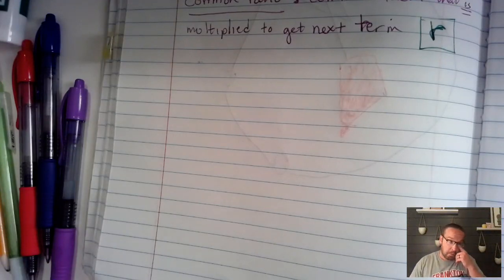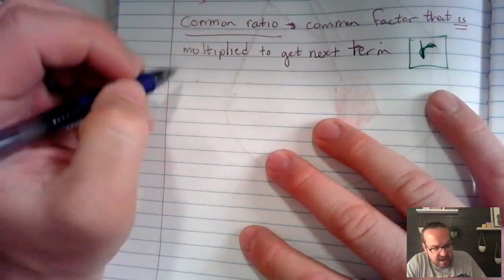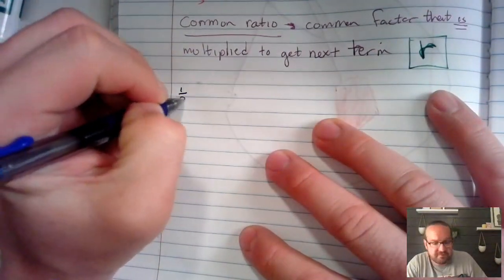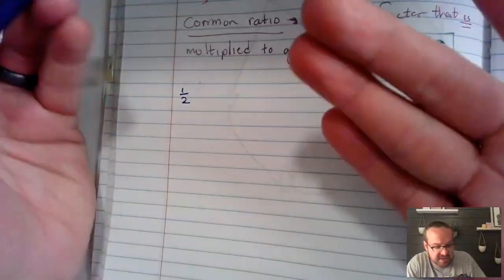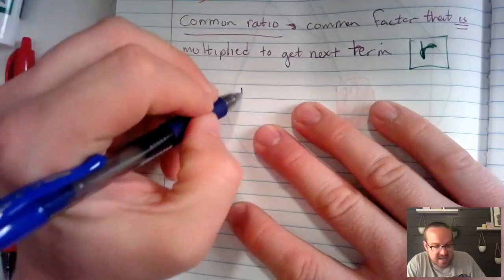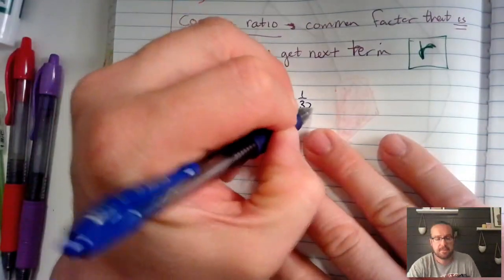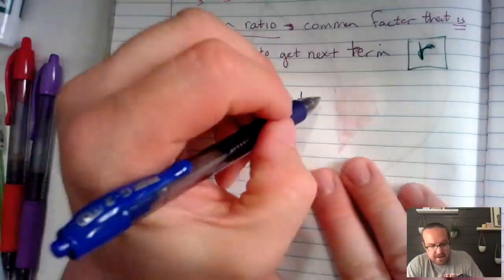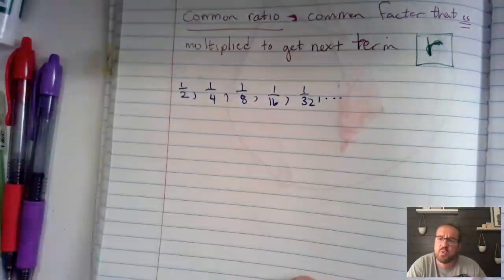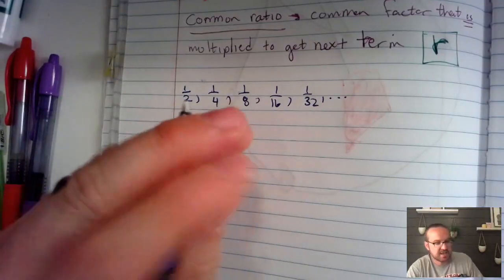So if I go to this pattern right here, let's say that my first term in the pattern is a half. My next one is a fourth. My next one is an 8th, 16th, and 32nd here, right? You could say, I wonder what they are multiplying by each time to get this here.